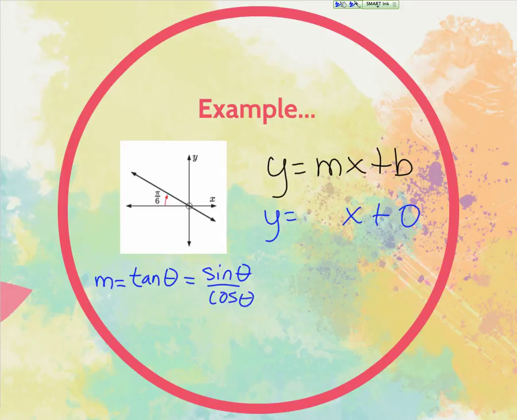Now, if we look at our unit circle over here, we don't have pi over 6. What kind of angles do we have over here? We have the 5 pi over 6, right? So we can use that to find our sine over cosine. So we've got 1/2 over negative root 3 over 2. I got it from my unit circle.